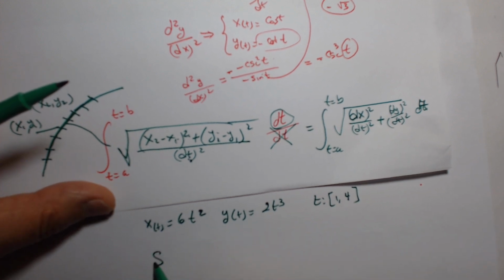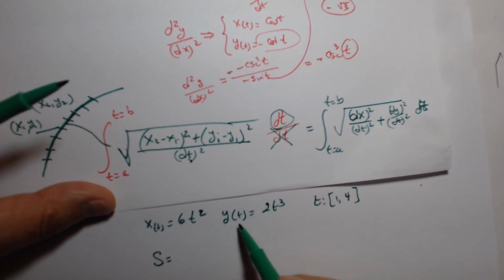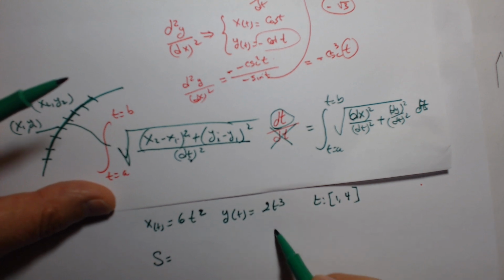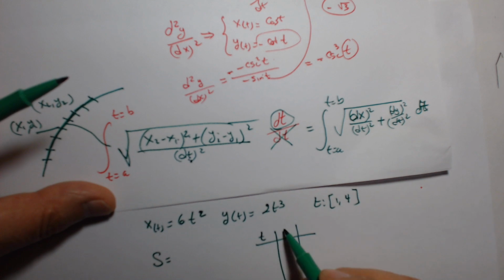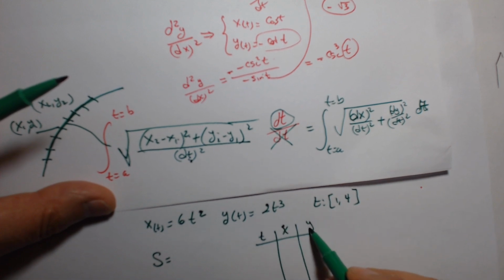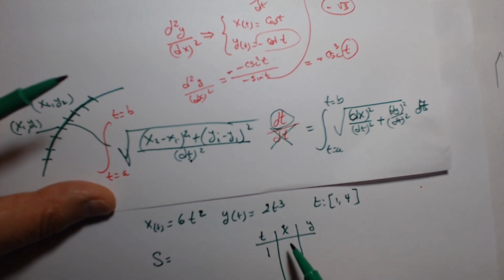Therefore, my arc length. Somebody said, can I see that path? Well, it is possible, it's not hard. That's your t, that's your x, and that's your y. When t is 1, you get 6 here and 2 here. When t is 2, you get 24 here and 16 here.